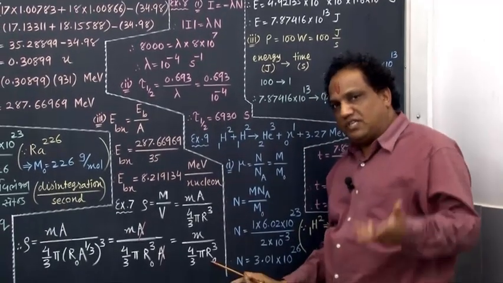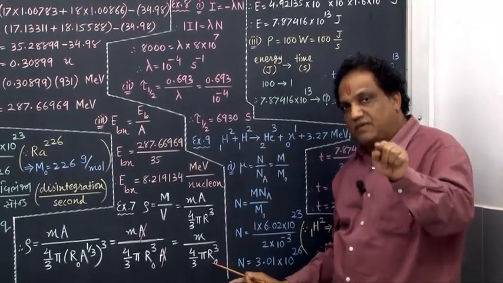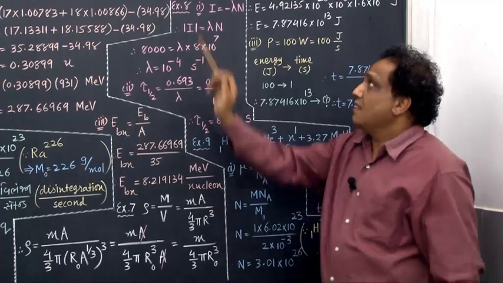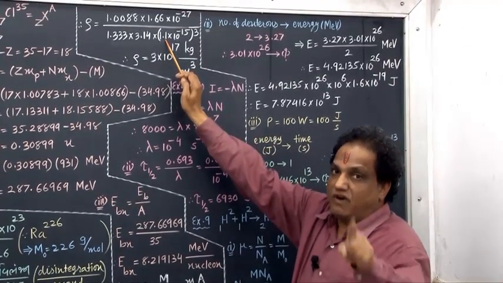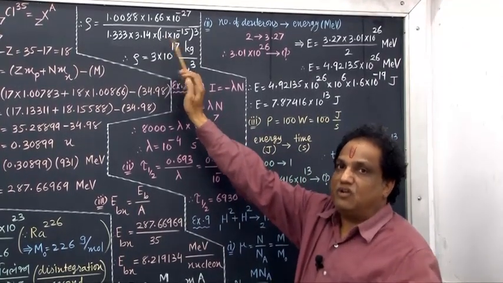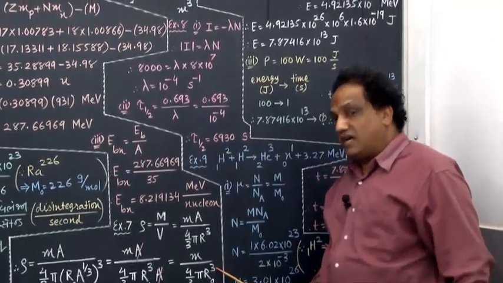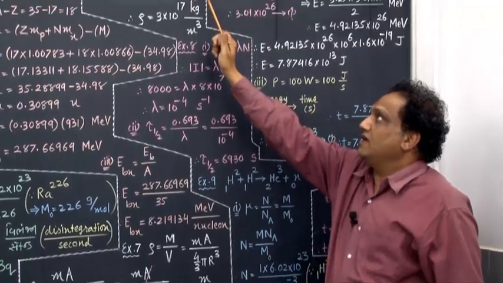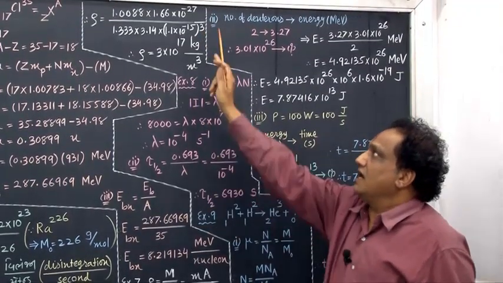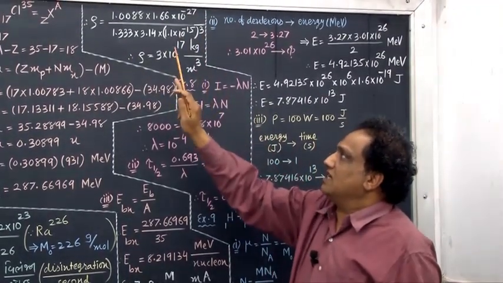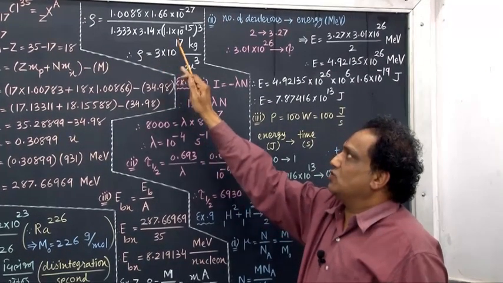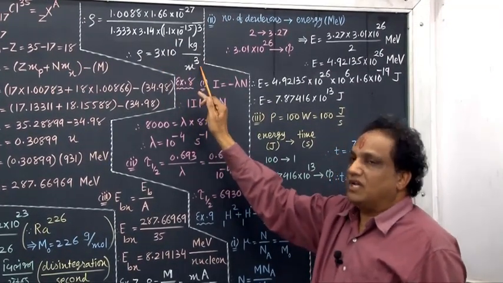What about R0? It is a constant. They have given it in the statement as 1.1 Fermi. You must convert Fermi into meter. 1 Fermi is 10 raised to minus 15 meter, and don't forget to cube it. Write power 3 here, and now simplify. You will get the answer nearly 3 into 10 raised to 17 kilogram upon meter cube.